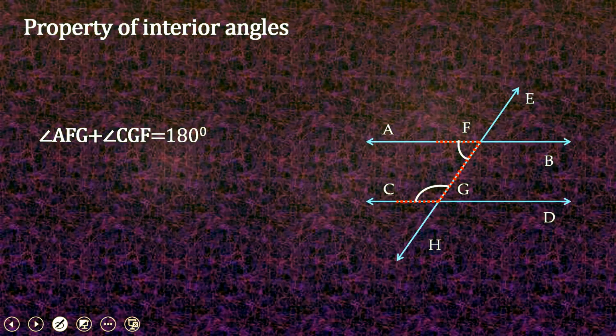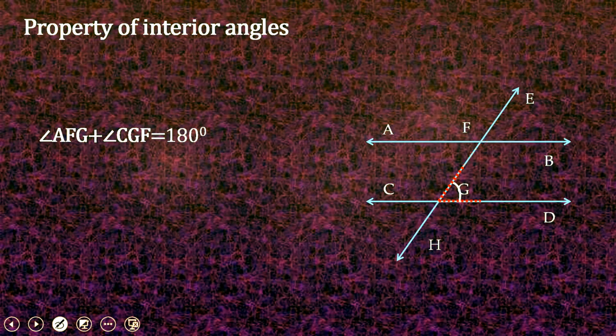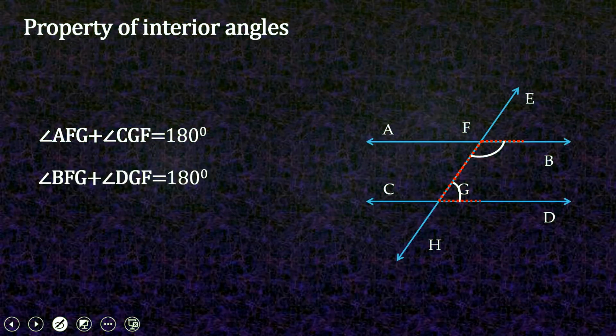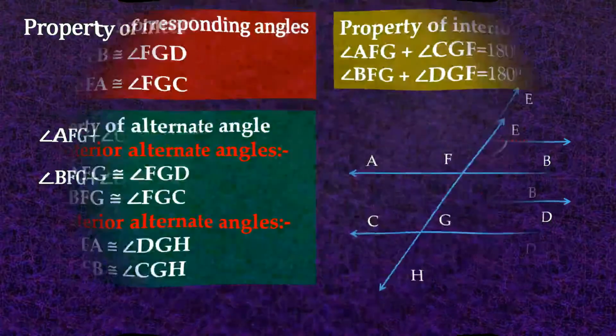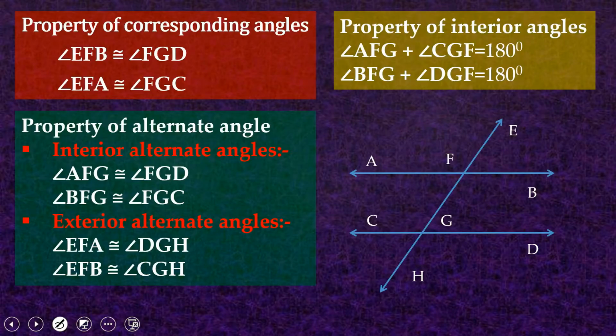Angle AFG plus angle CGF is 180 degrees and angle DGF plus angle BFG is 180 degrees. So these were the properties of angles formed by two parallel lines and a transversal. Property of corresponding angles, property of alternate angles and property of interior angles.